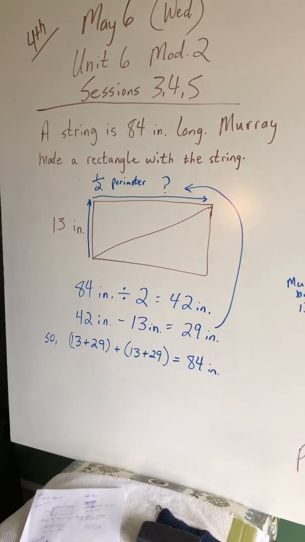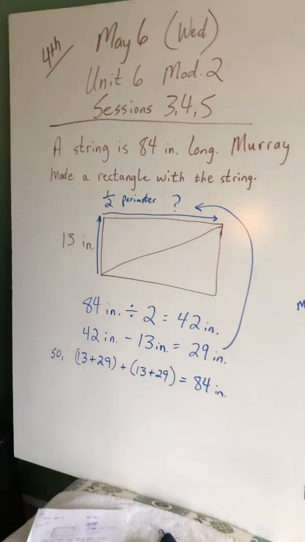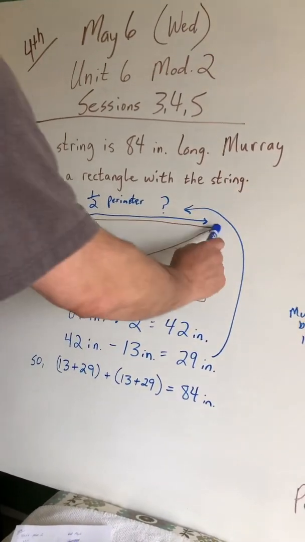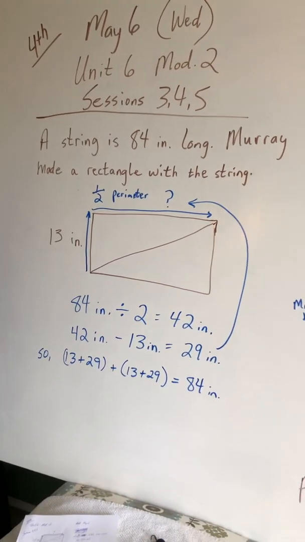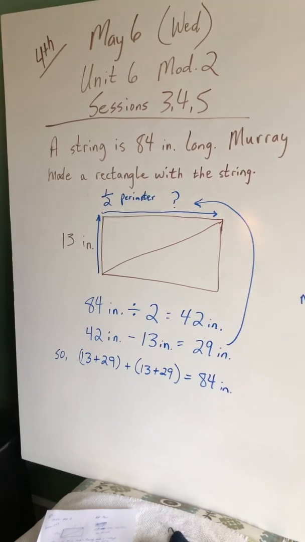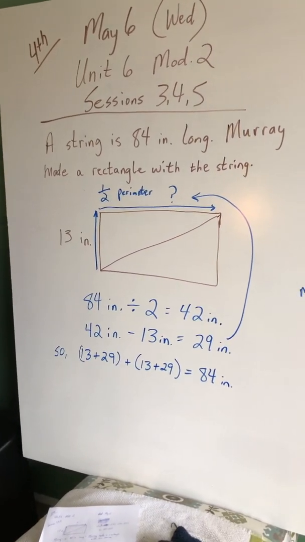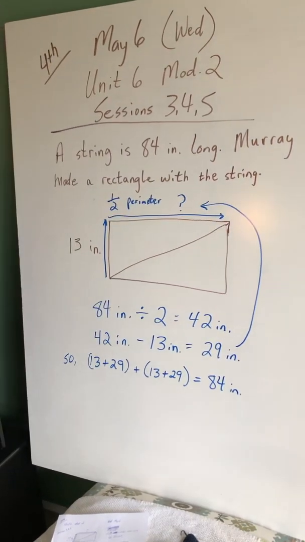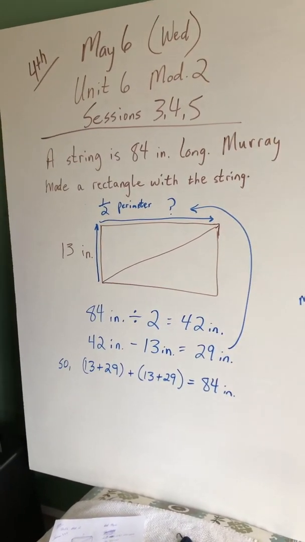Now, Bridges is thinking, we want you to think of a rectangle as cut in half on the diagonal, okay? So, if we have, I wanted to go back, a string is 84 inches long. So we got an 84-inch long string, and Murray, who happens to be our local groundhog, and we called him Murray because Bill Murray was in Groundhog Day.